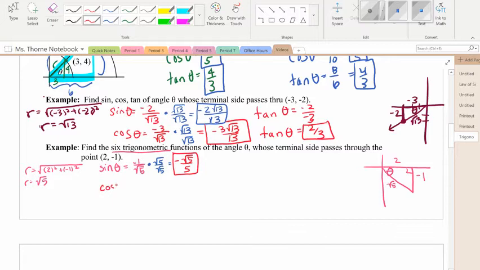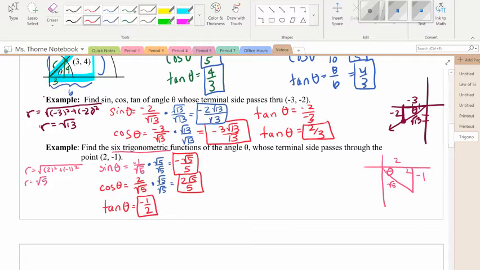The cosine of theta would be equal to adjacent over the hypotenuse, so 2 over root 5. Rationalize that, and we get 2 root 5 over 5. And now I need the tangent of theta. So opposite over adjacent would be negative 1/2.